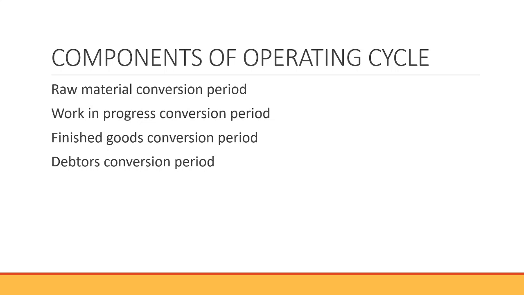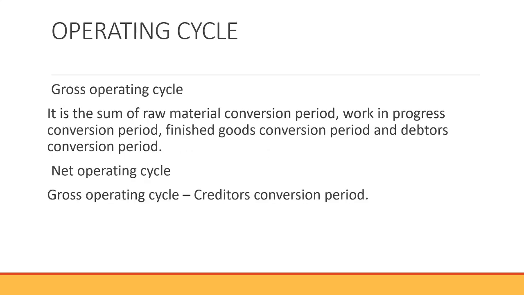And then we have the debtors conversion period. When we consider all these items, we get the gross operating cycle. Gross operating cycle is nothing but the sum of raw material conversion period, work in progress conversion period, finished goods conversion period, and the debtors conversion period.